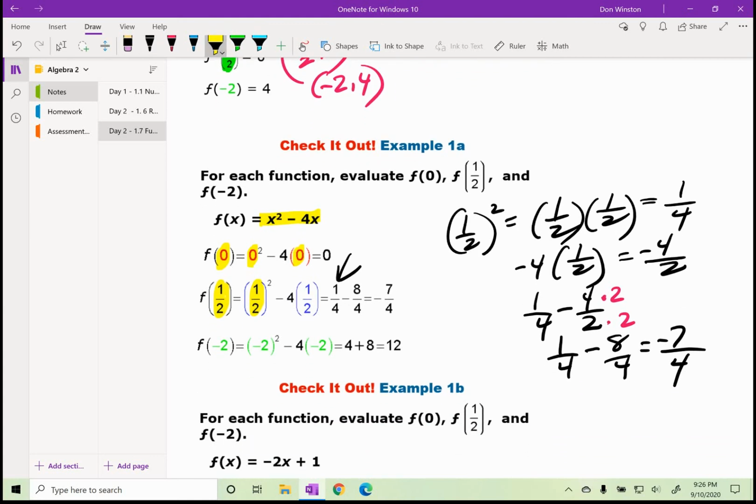And then the last one here, what is it when x is equal to -2? So we have to take -2 and square that. So -2 times -2, that gives me 4. And then we have to take -4 times -2. A negative times a negative is a positive, and 4 times 2 is 8, so we have a positive 8. And then we have 4 plus 8 is equal to 12.